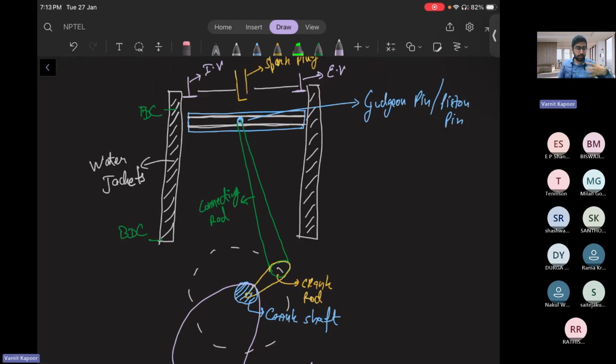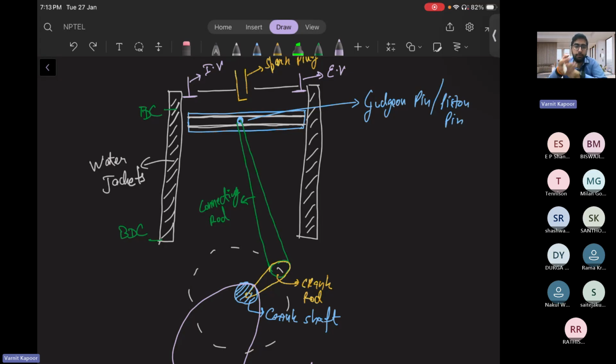Okay, so I think this is much more visible, and if you see the actual pistons, cylinder, and gudgeon pin, you will observe it looks more or less like this. So now let's talk about the gudgeon pin. It is connecting the piston head to the connecting rod. If you sit on a gudgeon pin, the piston is moving at a very high speed, high revolutions.